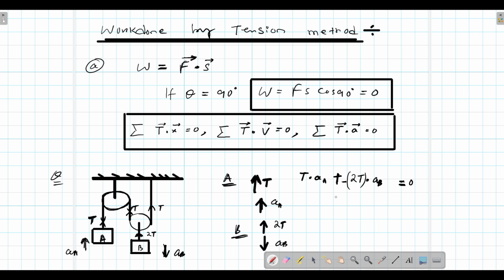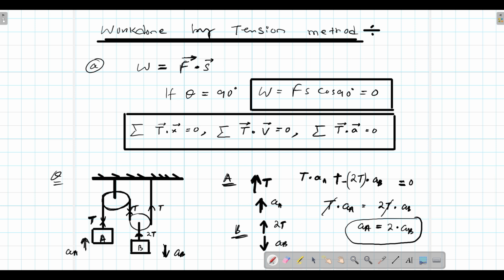So T into acceleration of A, minus 2T into acceleration of B, T gets cancelled. So acceleration of A equals twice acceleration of B. So that is the relation between the accelerations.